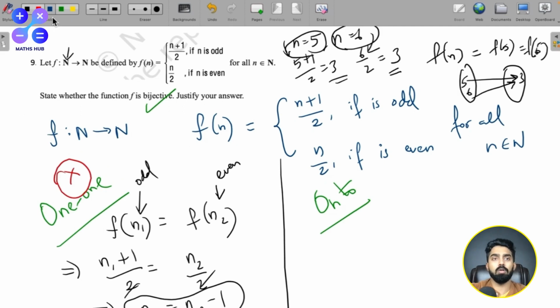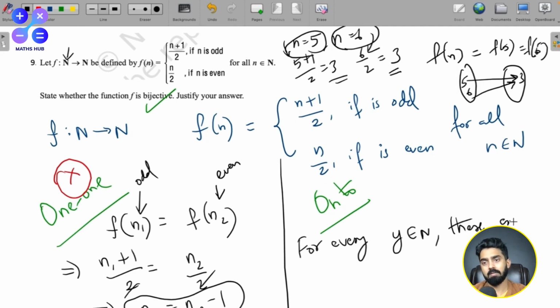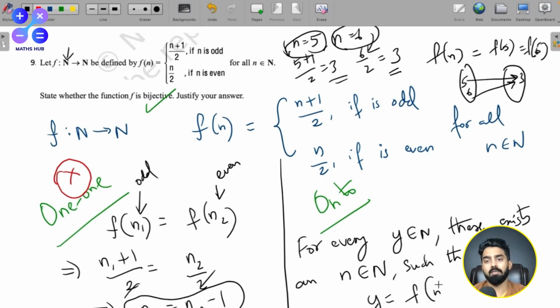Let's check if it is onto. Is it onto? So for every y that belongs to N, there exists an n that belongs to N such that y equals f of n.